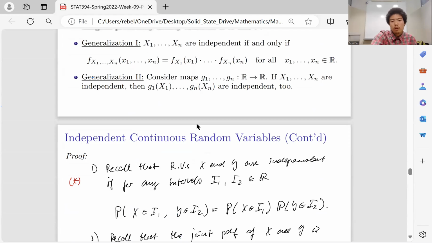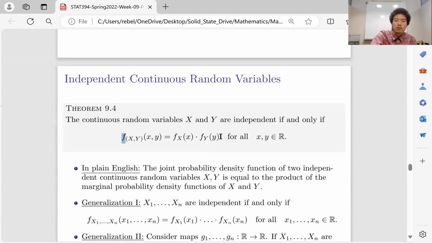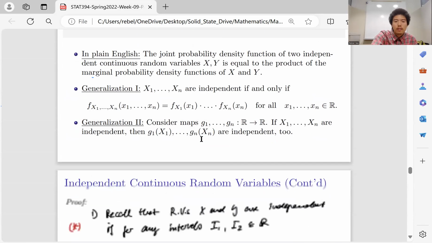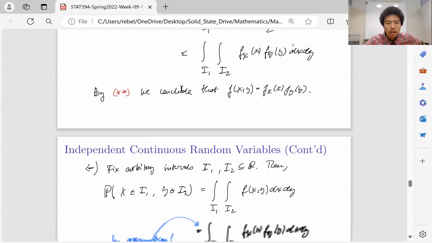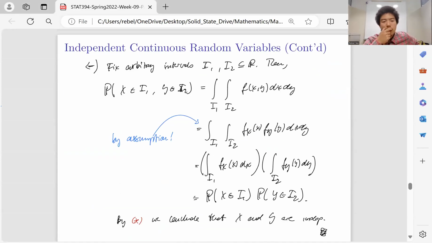And the second direction is very similar too. In this case we assume that we know this is true, and we'll prove back that X and Y are independent. So this becomes our assumption, and this statement becomes our goal for the proof. So in the first case, let's fix some arbitrary intervals, I1, I2.